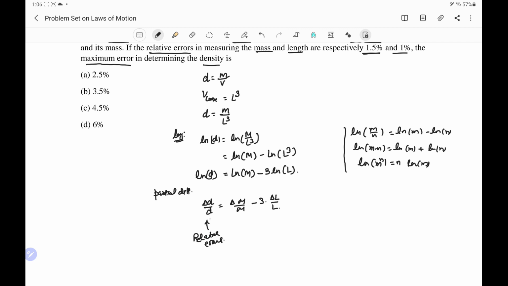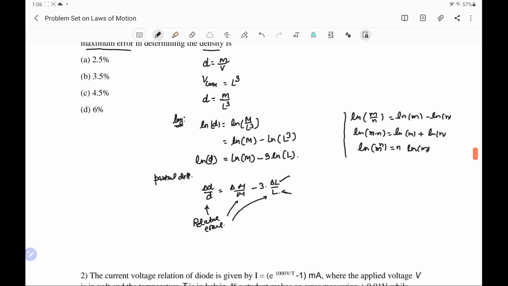For example, this delta D by D is the relative error in density. Delta M by M is the relative error in the measurement of mass, and delta L by L is the relative error in measurement of length. Delta L is the error and L is the original length. So this ratio delta L by L is the relative error.